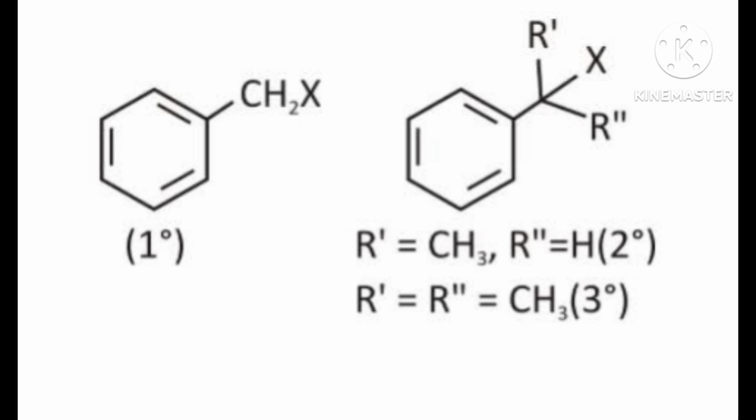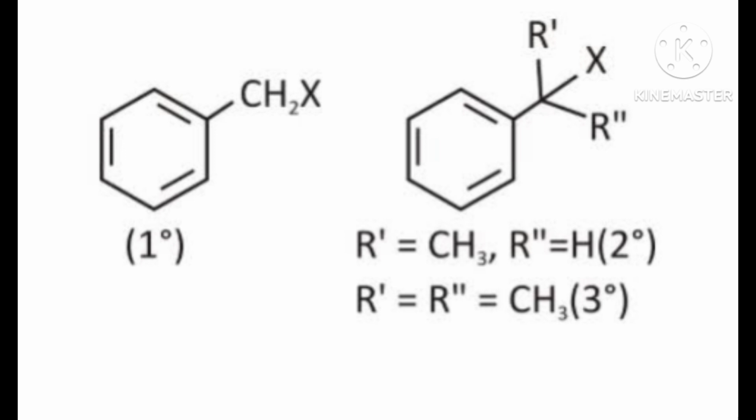Okay, this is the second type, allylic. Always understand that one double bond is there, and after that one carbon is there that is sp3. On that carbon the halogen is attached, not on the second carbon having the double bond. You remember.